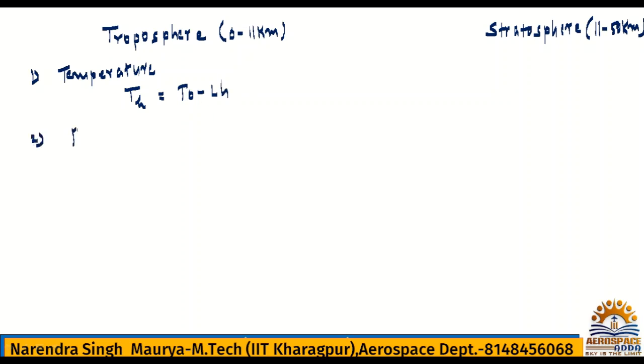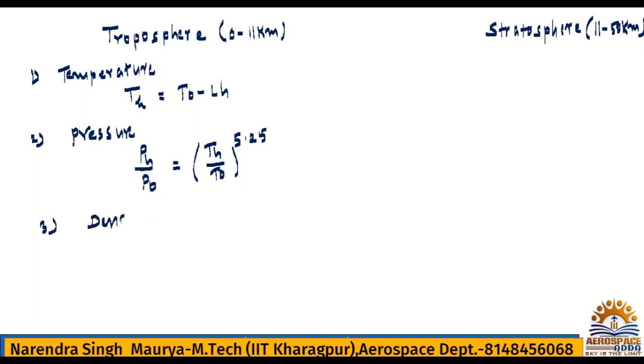Second, pressure at any altitude, pH, is equal to P naught, pH by P naught to the whole power 5.25. And what was the density variation? Rho h by rho naught is equal to pH by P naught to the whole power 4.25.